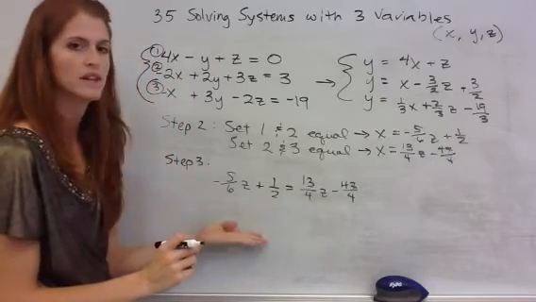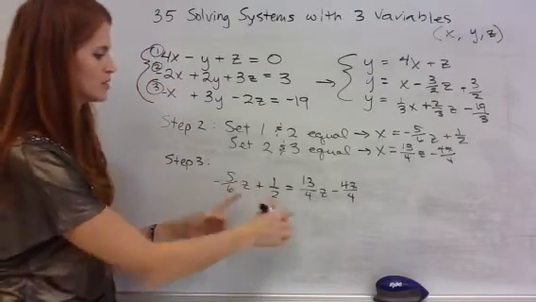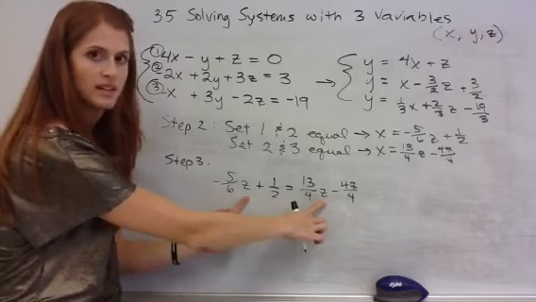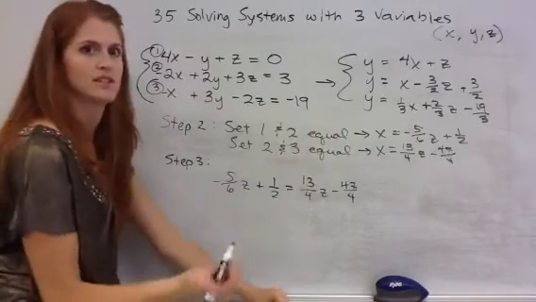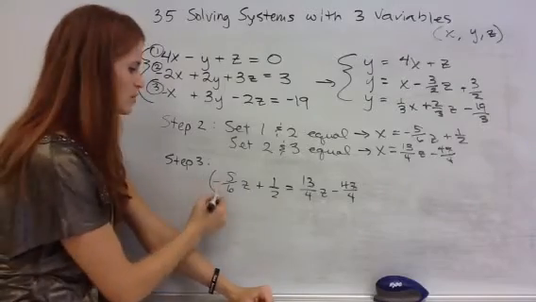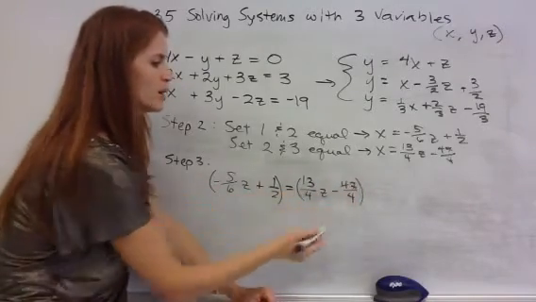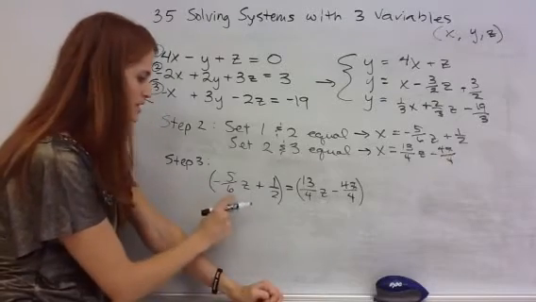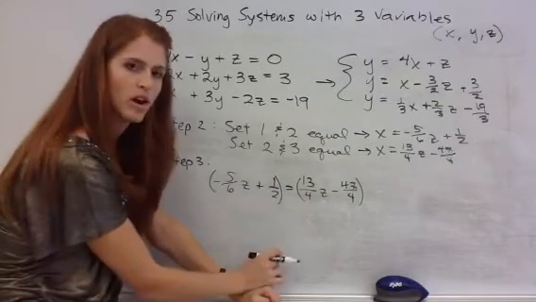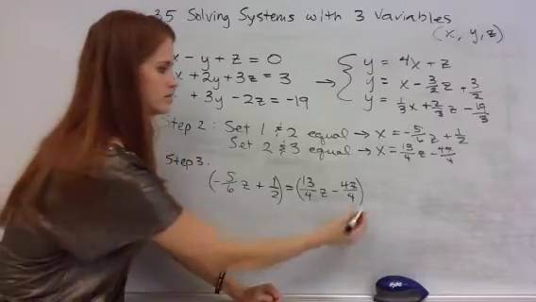Now that I have these two things equal, I want to combine my terms. Notice I have just z. So if I can get z by itself, I'll know what it is. But I have fractions. I need to get rid of them. So I'm going to multiply through on both sides by my least common denominator. The smallest number that 6, 2, and 4 all go into is 12.